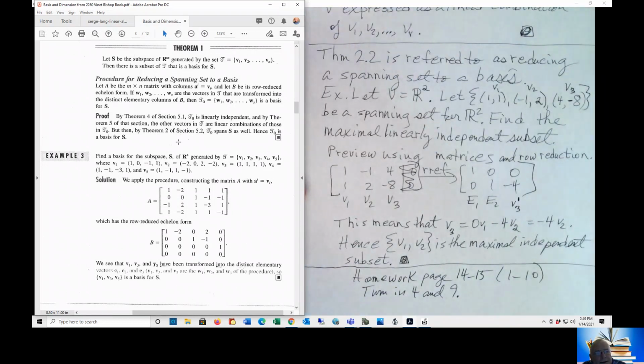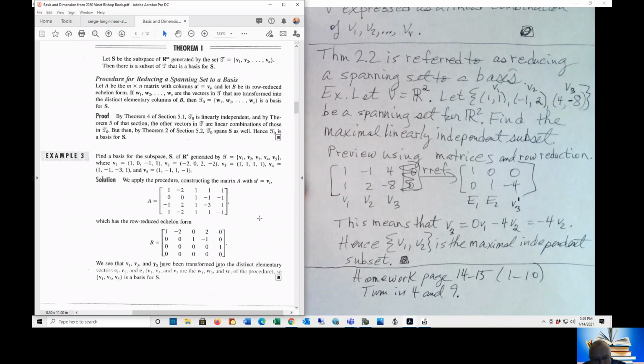And if you look on the left-hand side, you'll see an example of vectors that are in R4. And you're given 5 vectors in R4 and you want to reduce them to be a basis for a subspace in R4. So you do the same thing.